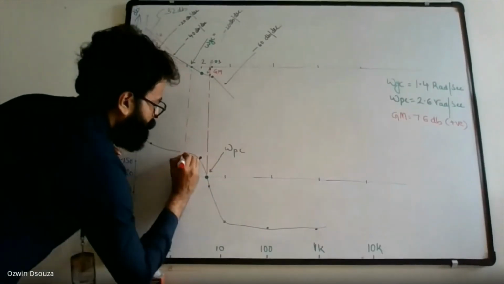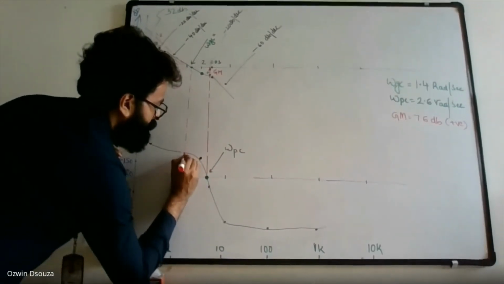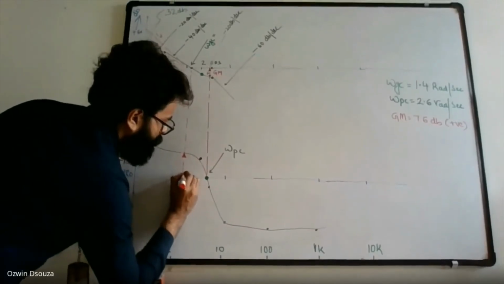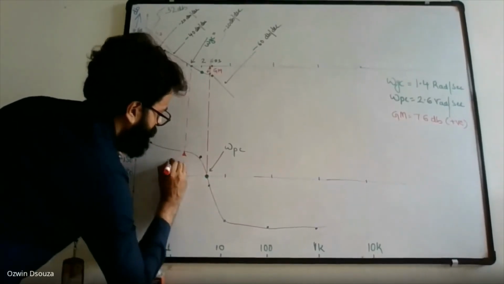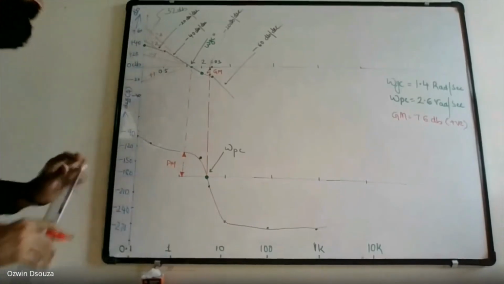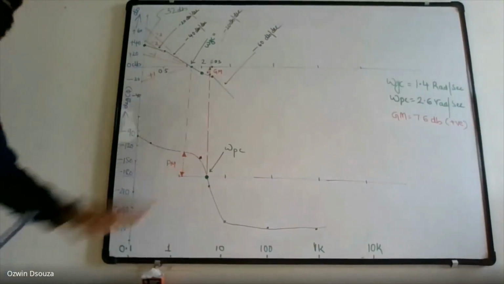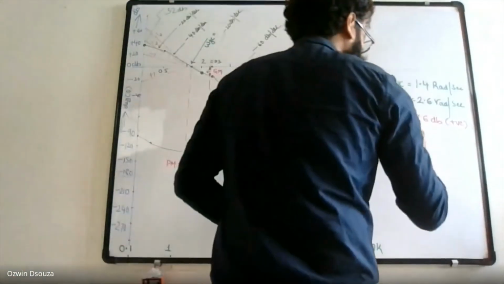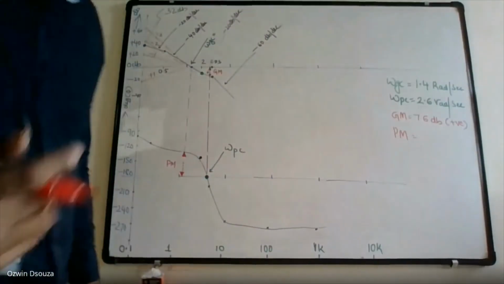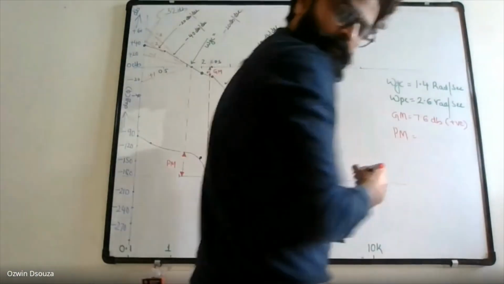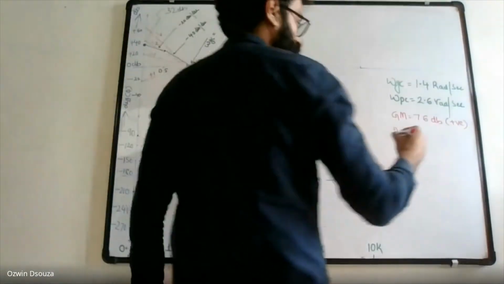And the point at which the line cuts with the phase plot will help you in getting the phase margin. So this is phase margin. So with respect to scale, we have to carry out the measurement. So phase margin is about 51 degrees.